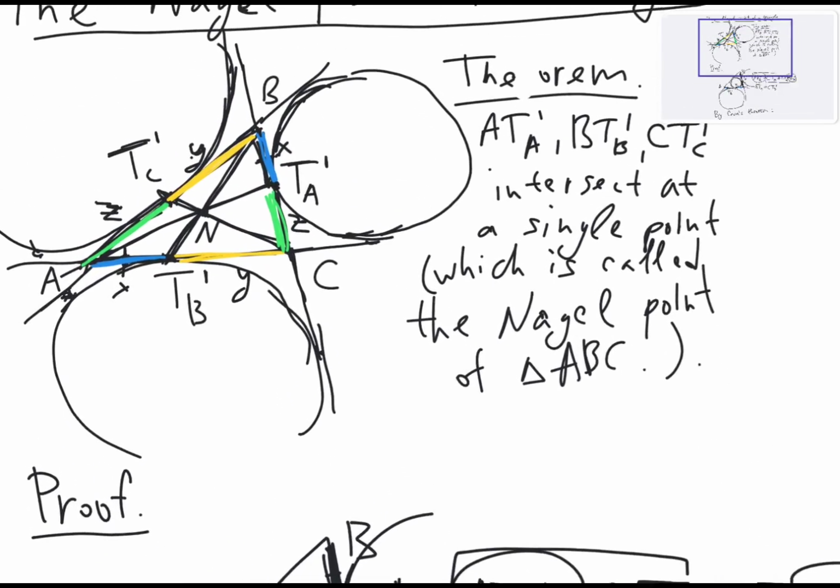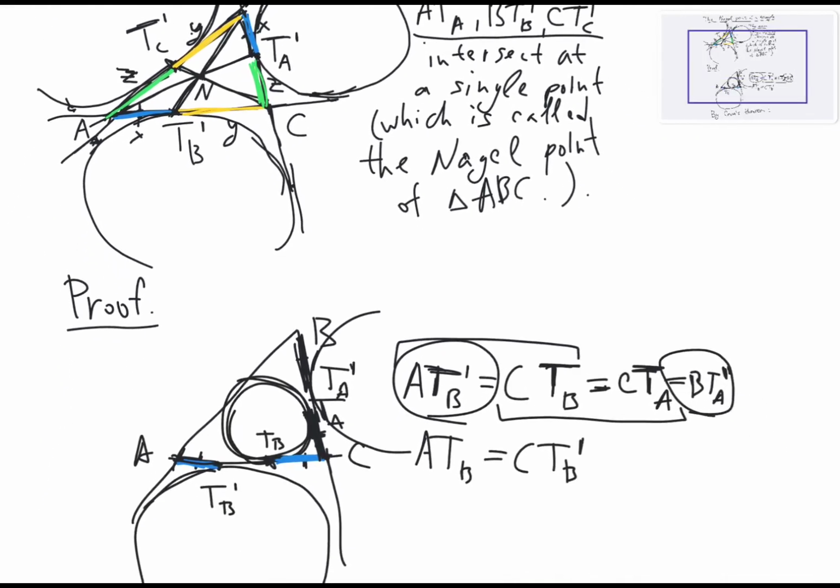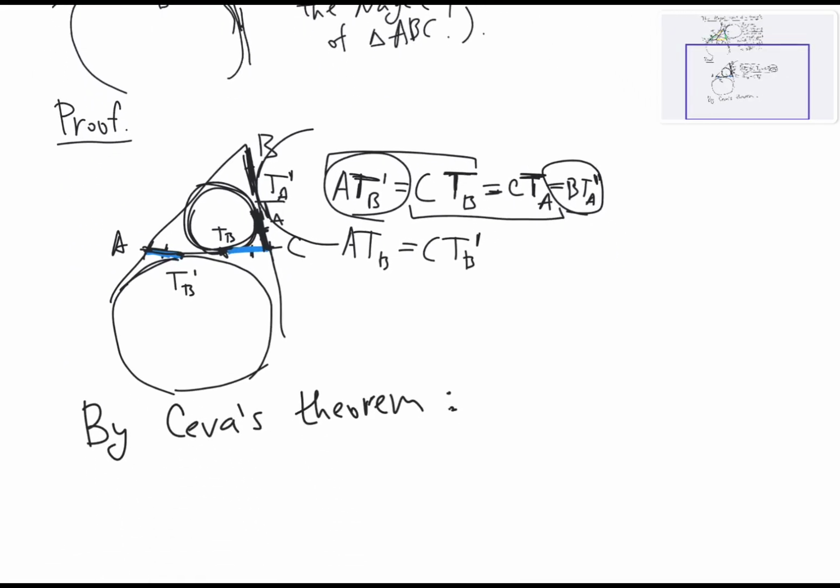To prove that these three lines intersect at a single point, we need to prove that the product of the ratios BTA prime over TA prime C, multiplied by CTB prime over TB prime A, multiplied by ATC prime over TC prime B, is equal to 1.